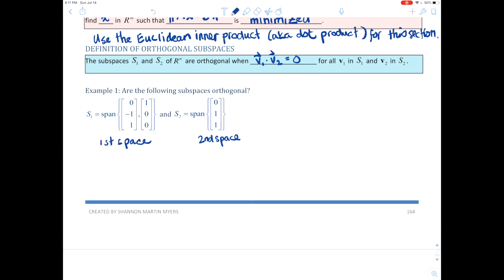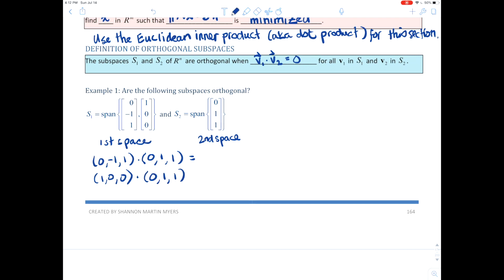Well, in space S1, we would have the vectors (0, -1, 1) and (1, 0, 0), right? And we want to evaluate the dot product of each of these with the other vector (0, 1, 1), the vector in space S2.